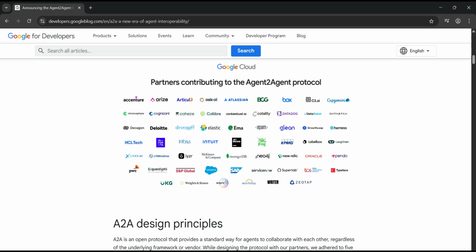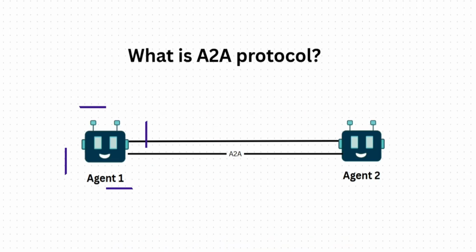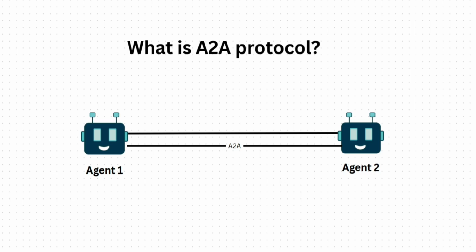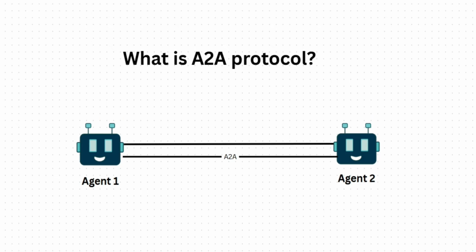So now we will take a very basic example to understand what this agent-to-agent protocol is. So imagine company A has developed an agent that provides weather reports to users, and company B has its own agent that gathers real-time weather data from sensors or APIs.